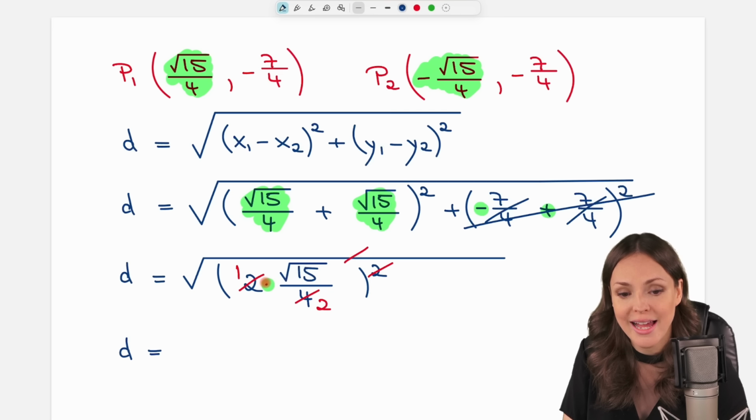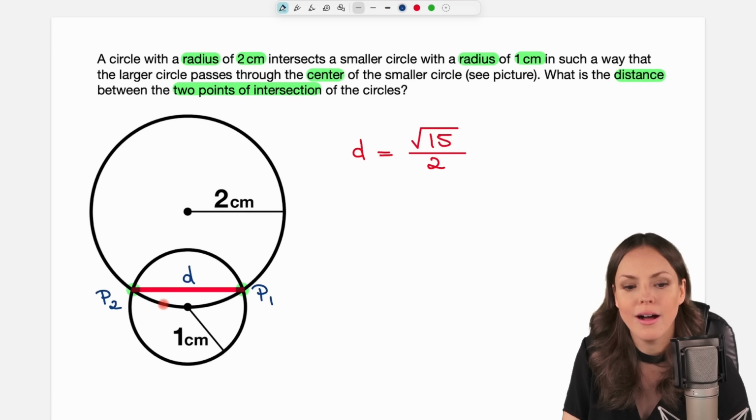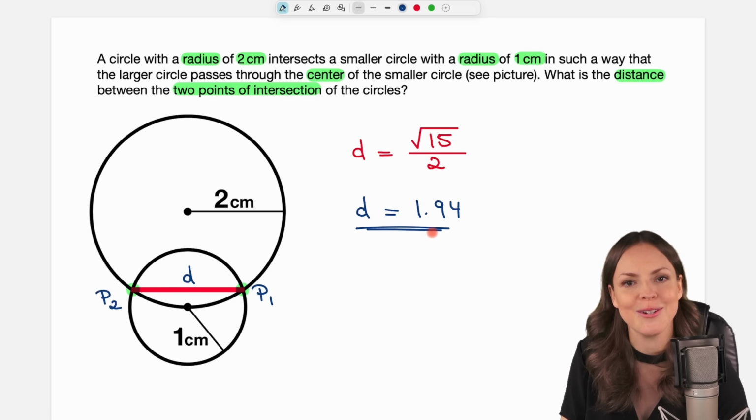In total, we have 1 times, we don't have to write it, we only have the square root of 15 over 2. This is our distance. This is the exact value of the distance of these 2 points. If you want to have the decimal value, it would be 1.94, and this is our result.